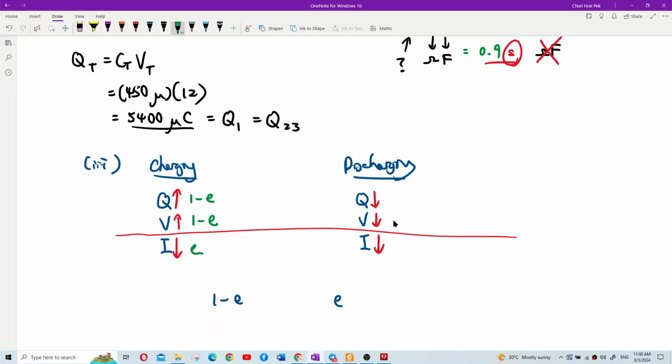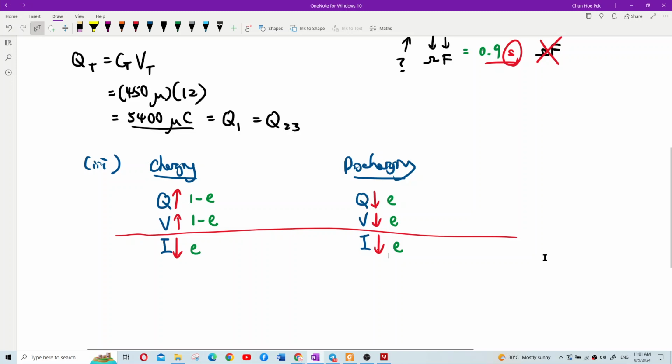The one that decreases uses exponent. I taught you this before. You forgot. Just as simple as that. Charging is, if they increase, these two quantities use 1 minus exponent. For the current, even in charging, the current decreases, not increases, so current must use exponent. If discharging, everything decreases, so all use exponent.